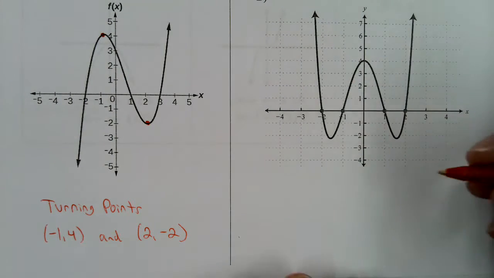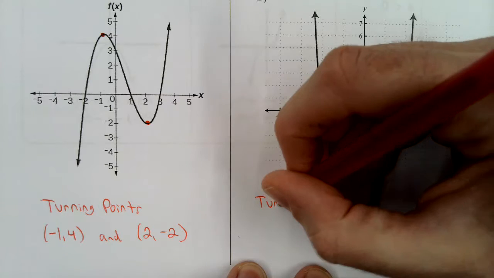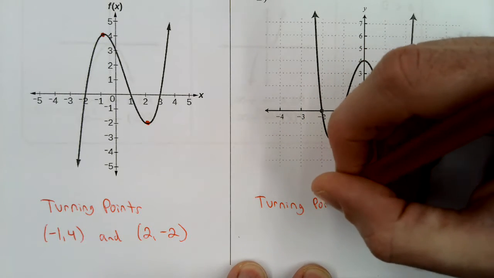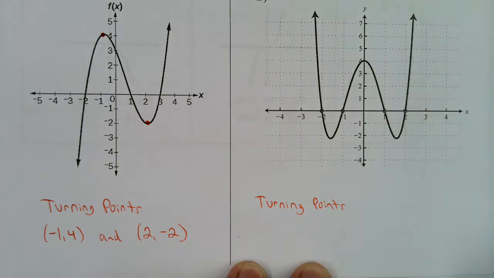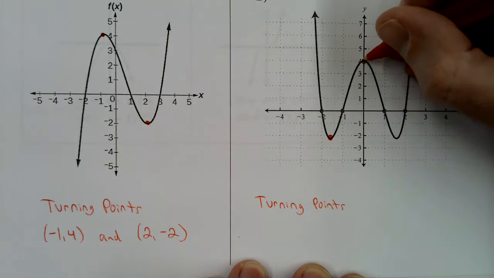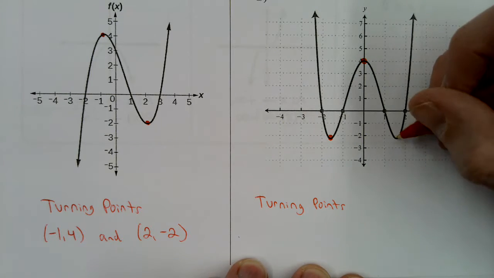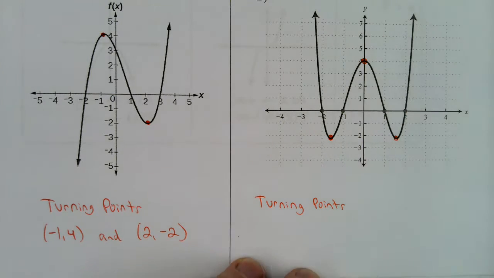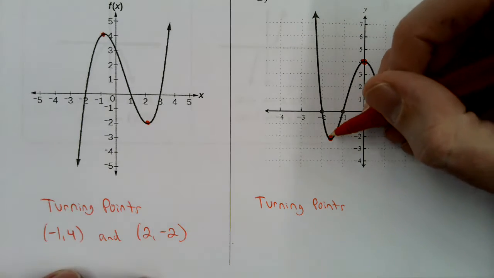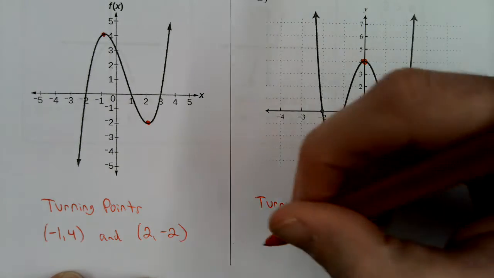This next one is going to have 3 turning points. This is 1 turning point. Another turning point over here. You got another turning point over here. I'm going to estimate, it looks like, I'll say negative 1.5, negative 2.